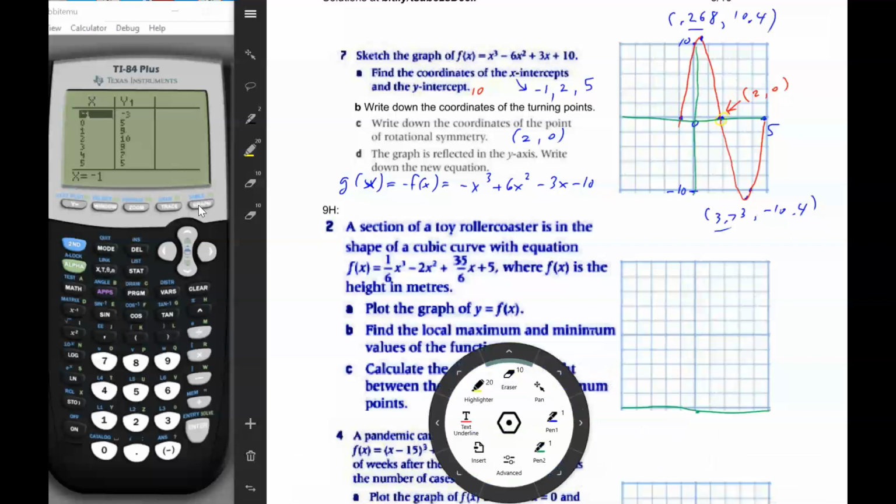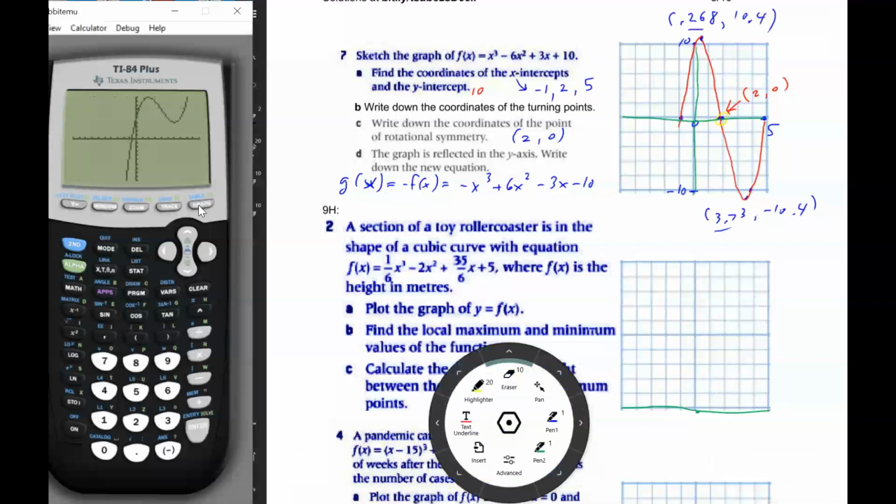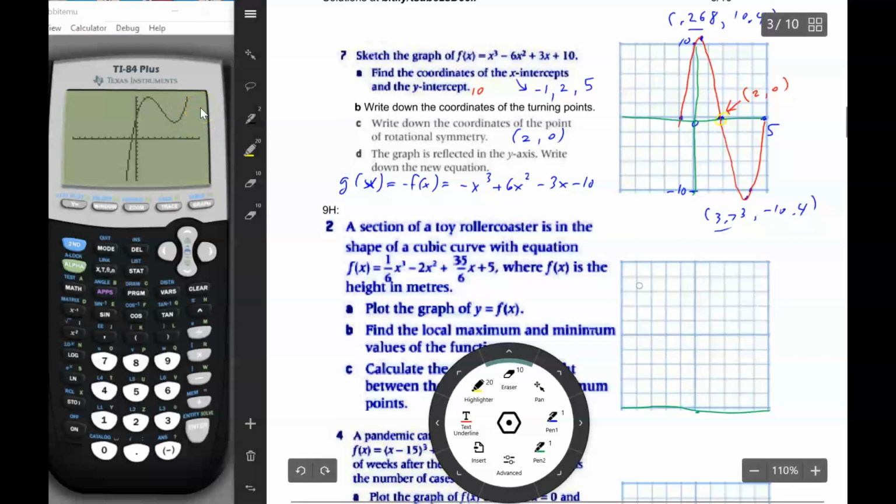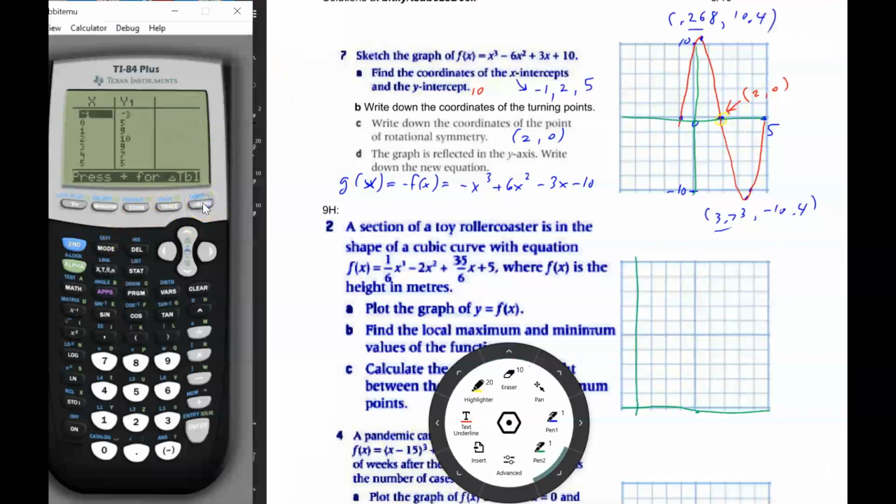Okay, for the axes, when I look at the graph here, do you see how I'm mainly working in the first quadrant? So I'm going to put my axes like this, and then I'm going to look at the table to get some of my points.